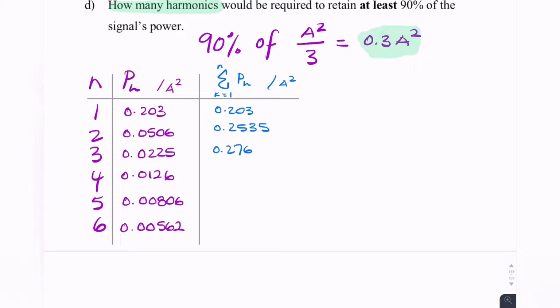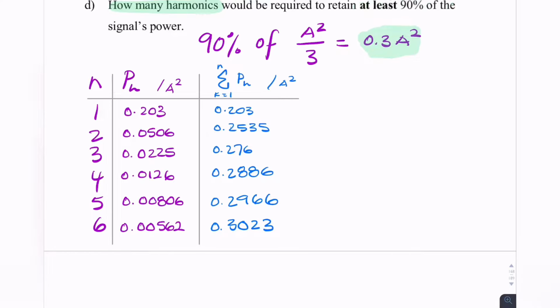0.276. If you add the first four together, you get 0.2886. If you add the fifth harmonic, you get 0.2966. And if you add the sixth harmonic, you get 0.3023. And the question was at least 90%.